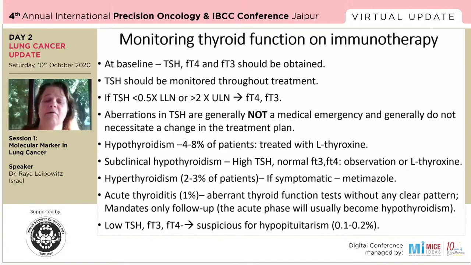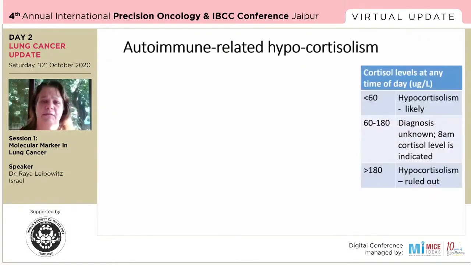It's a scenario of aberrant thyroid function tests without any clear pattern. It mandates only follow-up, where the acute phase will usually turn out to be hypothyroidism. And of course, I did put it here that if we have the constellation of a low TSH, free T3 and free T4, then this should raise the suspicion for hypopituitarism.